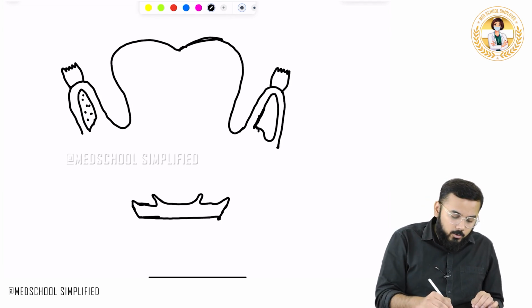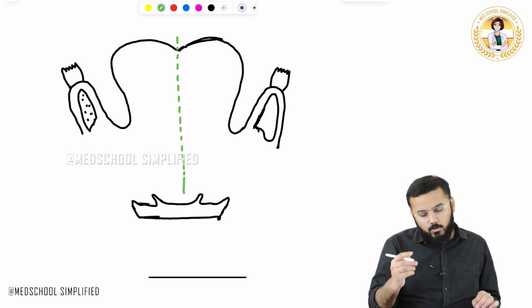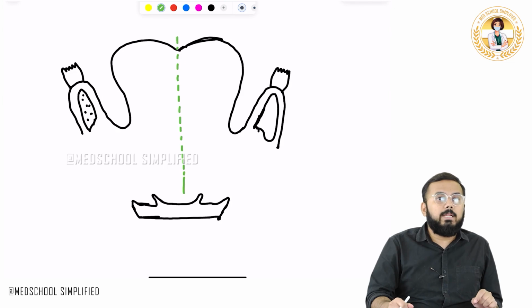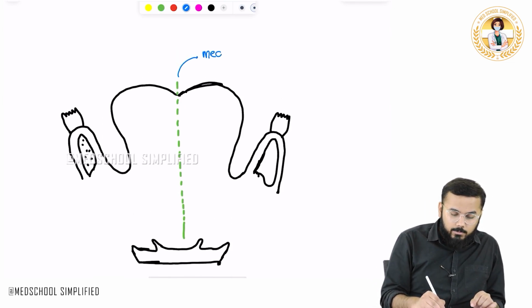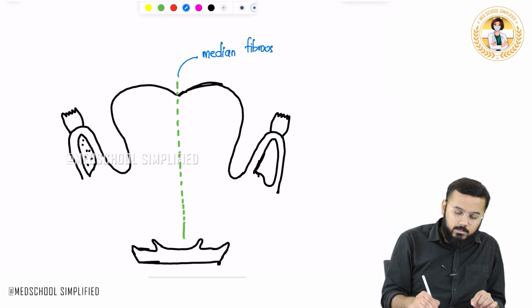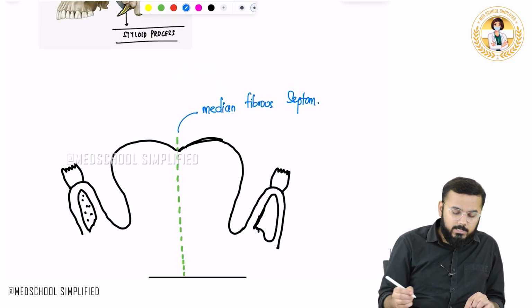Let me draw a midline over here. You know what this midline is? This is called the median fibrous septum. So this midline over here is called the median fibrous septum.